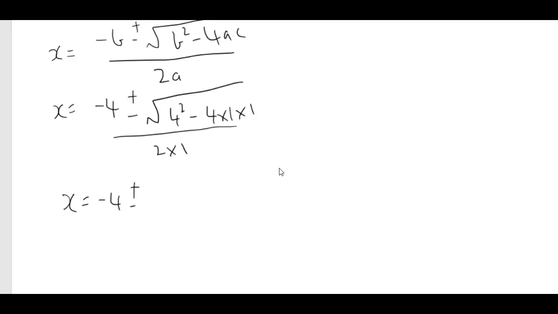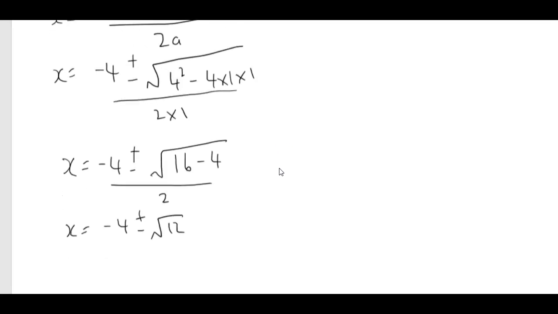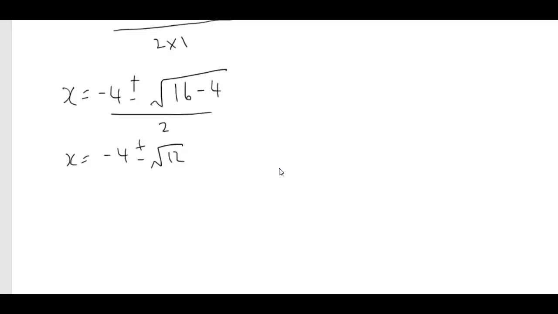So 4 squared is 16. 4 times 1 is just 4. And then 2 times 1 is just 2. Okay, so negative 4 plus or minus the square root of 16 minus 4, so 12, over 2.